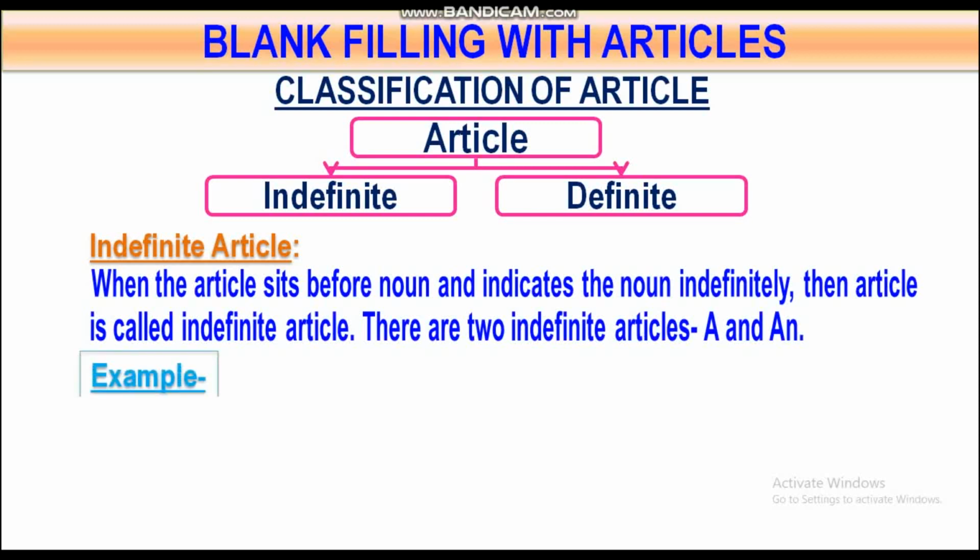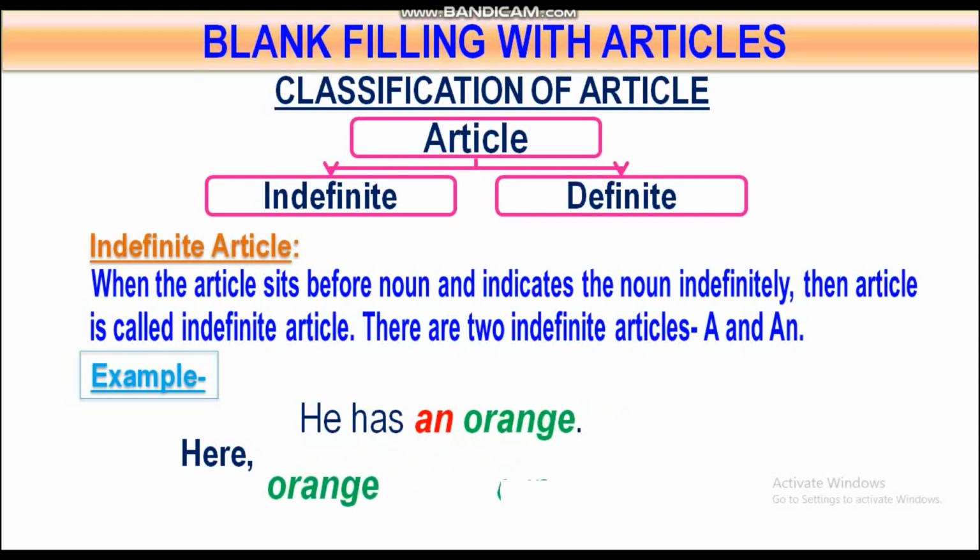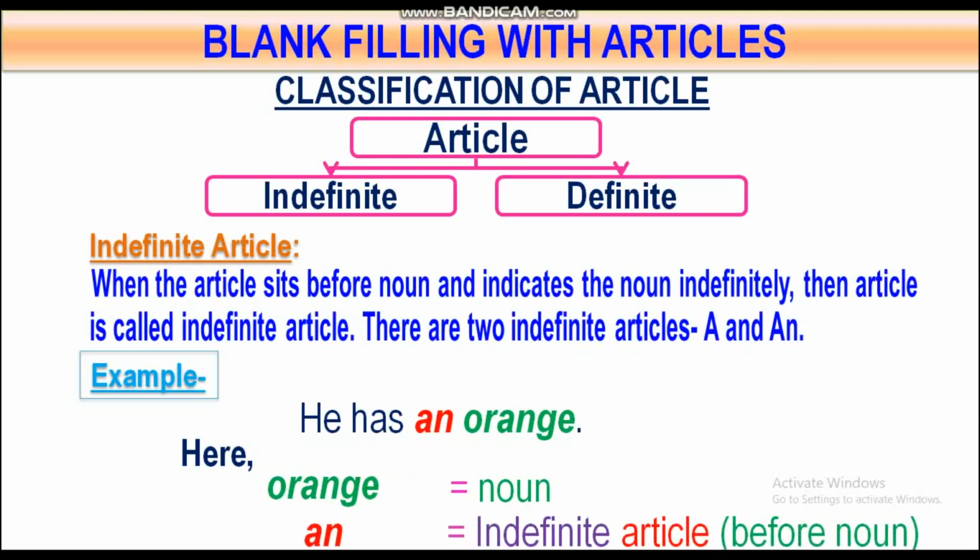Let's see an example. He has an orange. Here, orange is a noun and an is an indefinite article because article an sitting before the noun orange indicates the orange indefinitely.